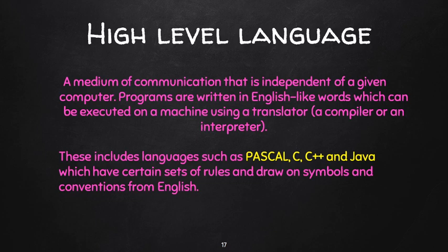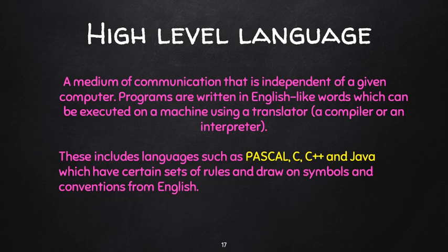Hence, to overcome these limitations, high-level languages were introduced, which are our commonly used languages like Pascal, C, C++, and Java, because a program written in these languages can be machine independent.